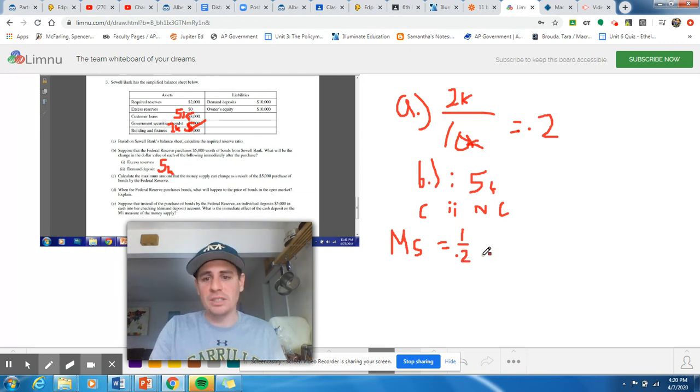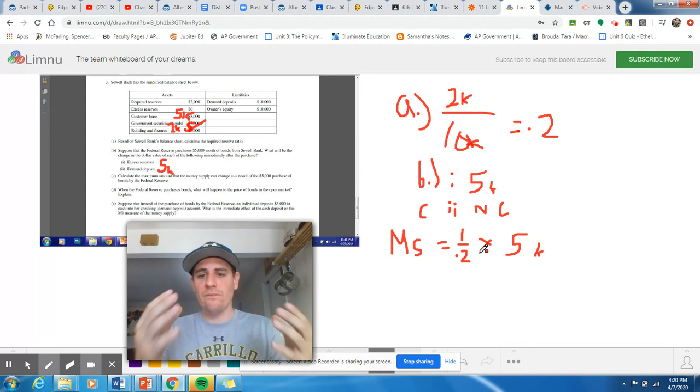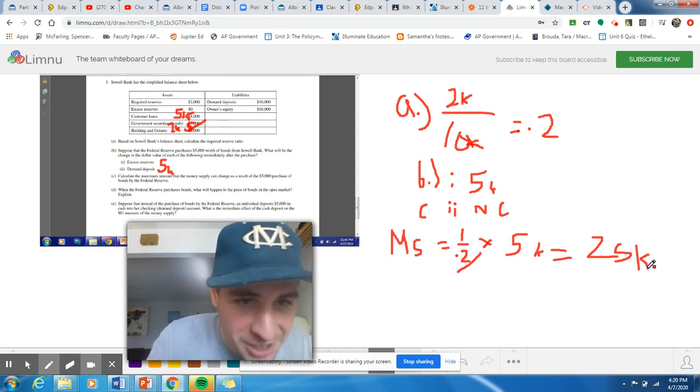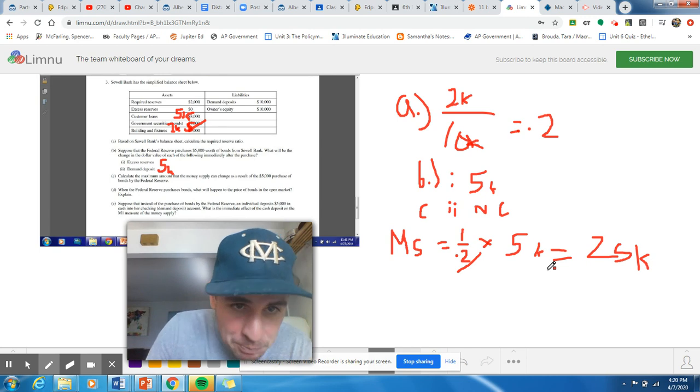So 1 over 0.2, how many 20-cent pieces in a dollar? 5. 5 times 5,000. The total change in the money supply is going to be $25,000. That's the answer to C.